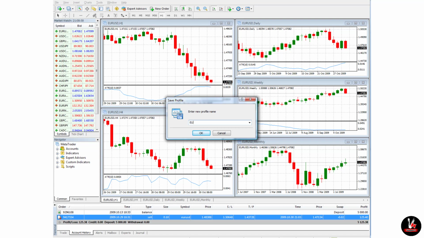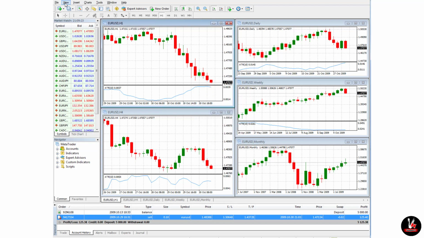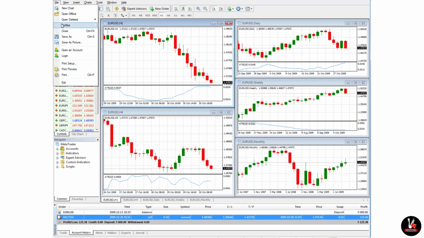Save EURUSD candlesticks intraday and put it as 1. Okay, intraday 1, because most likely we'll have more than one particular type of candlestick chart. And we save that profile. Go back over here.